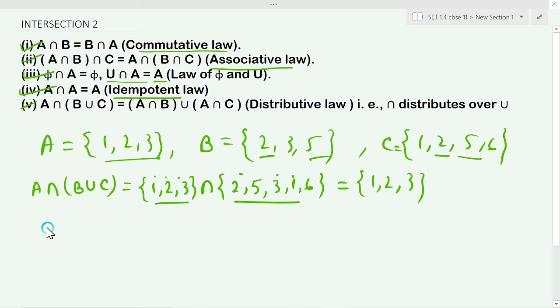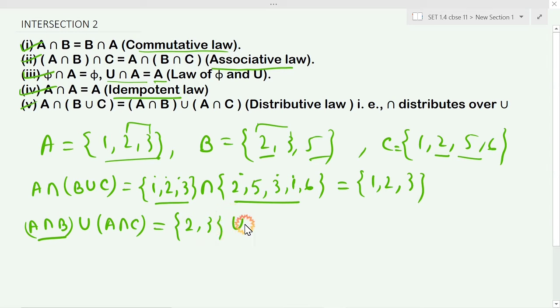Now we calculate the right hand side, that is (A intersection B) union (A intersection C). What is A intersection B? The common elements between A and B are 2 and 3, so A intersection B equals 2 and 3.